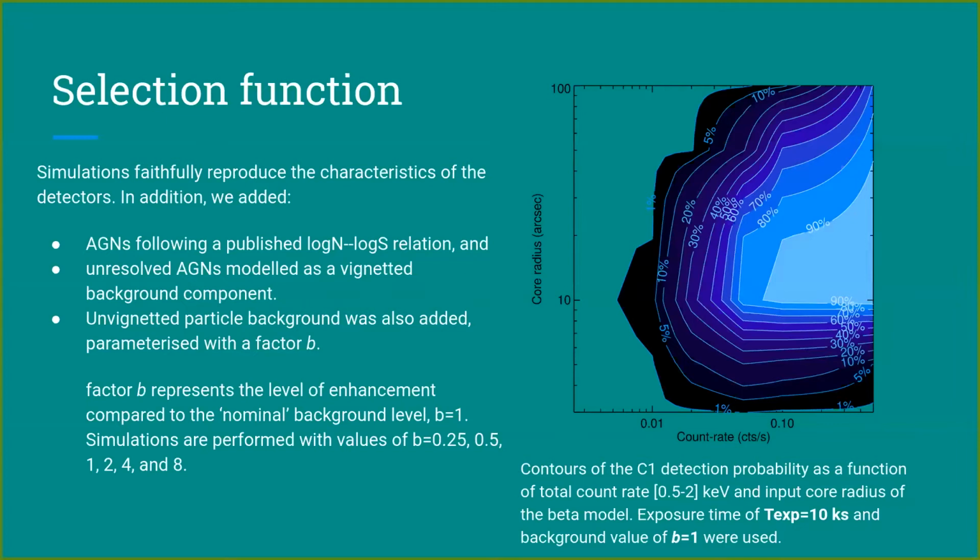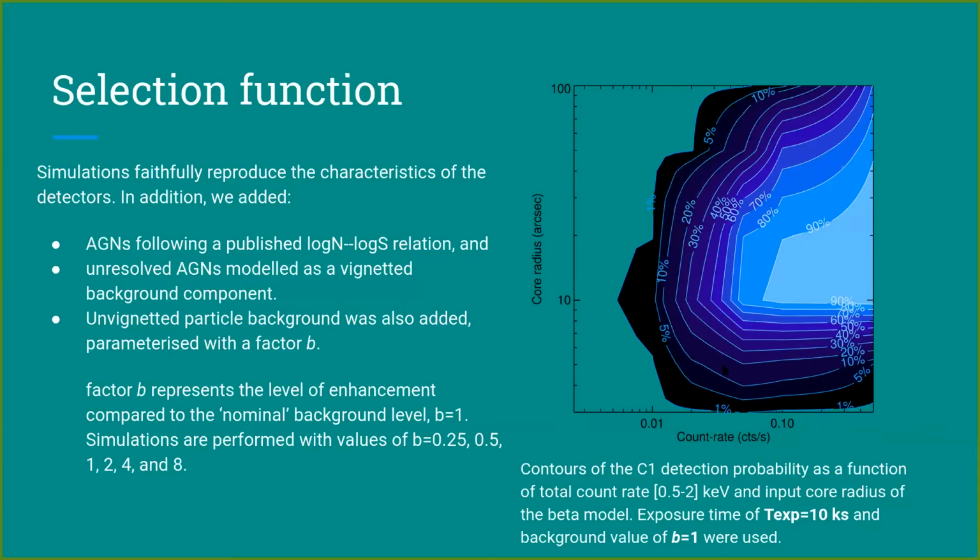The selection function, actually, this is not an exactly flux-limited sample. So the selection is a function of count rate, which is a flux. You see it on the x-axis, and on the core radius of the cluster, the extent of the emission.